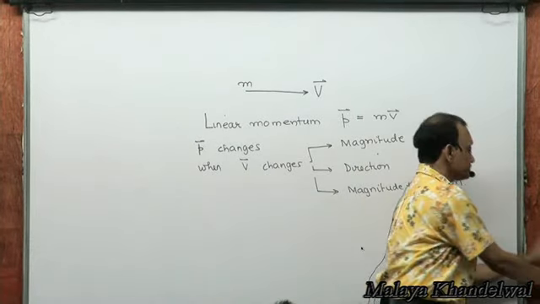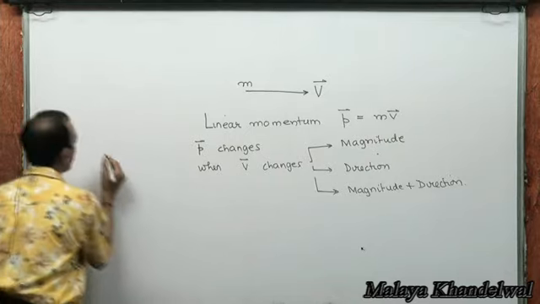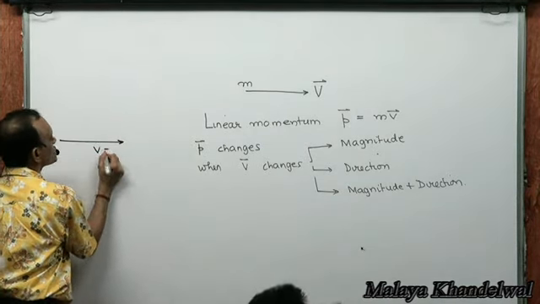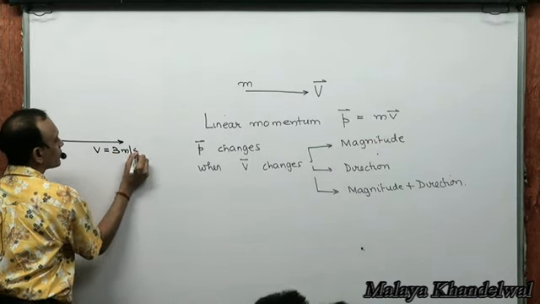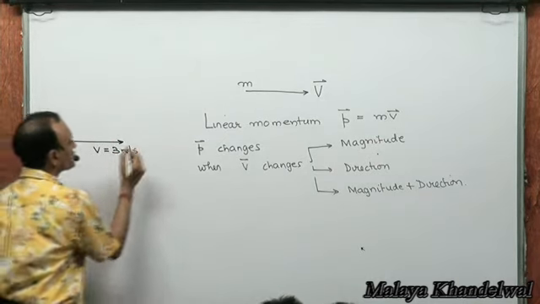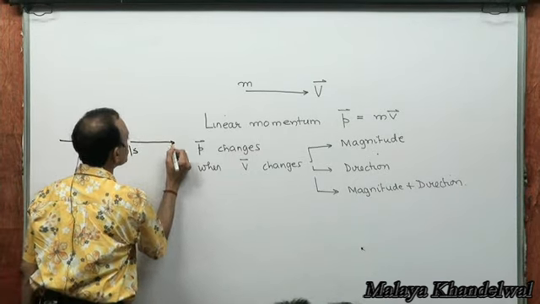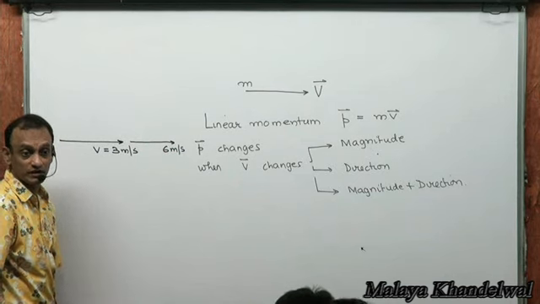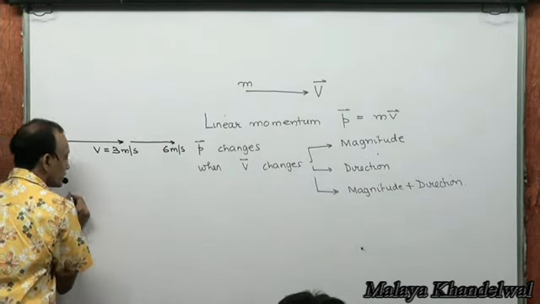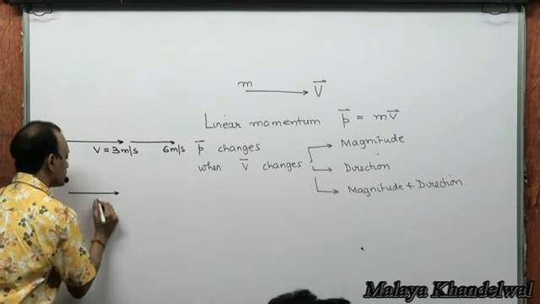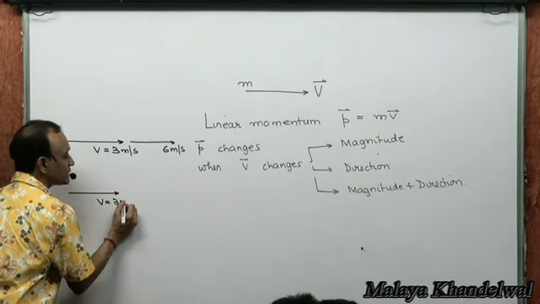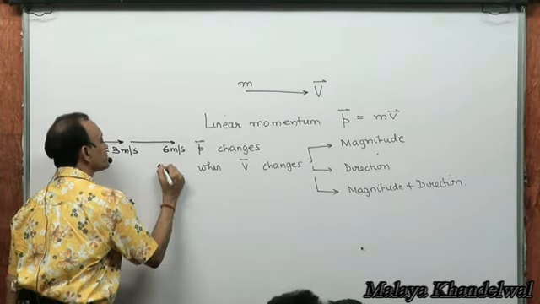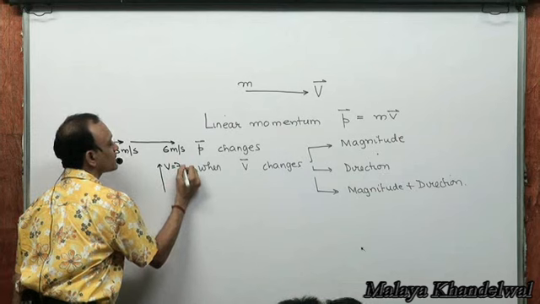Say, for example, a particle is moving along this line with a velocity of 3 meters per second. After a while, its velocity becomes 6 meters per second. This is only a change of magnitude. I could have had a particle moving in this direction with a speed of 3 meters per second, and after a while, its speed is 3 meters per second like this.